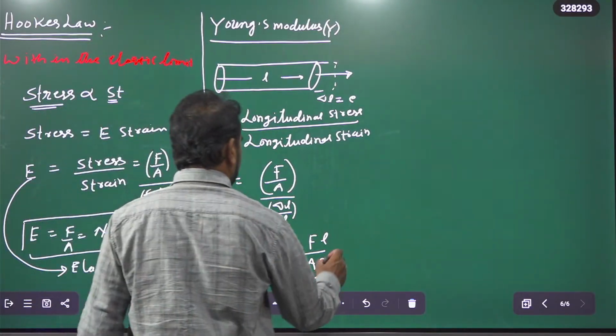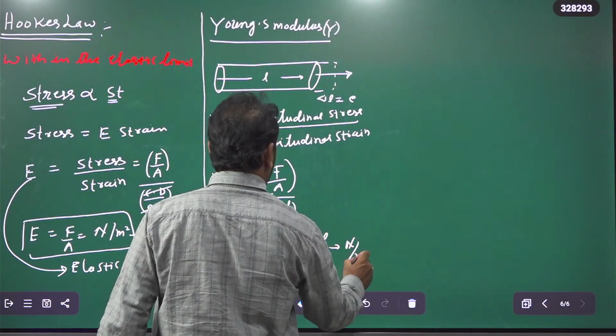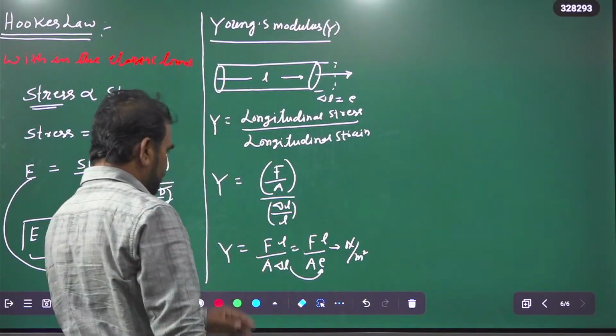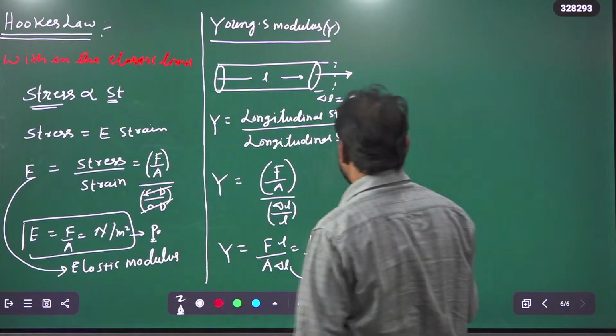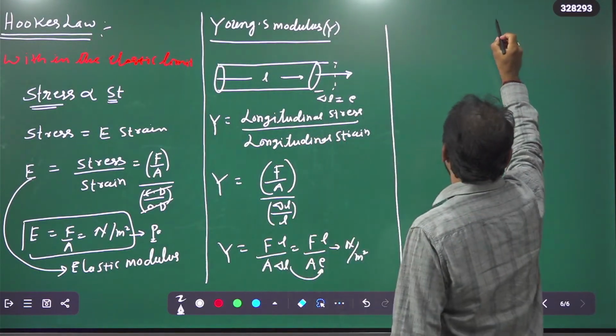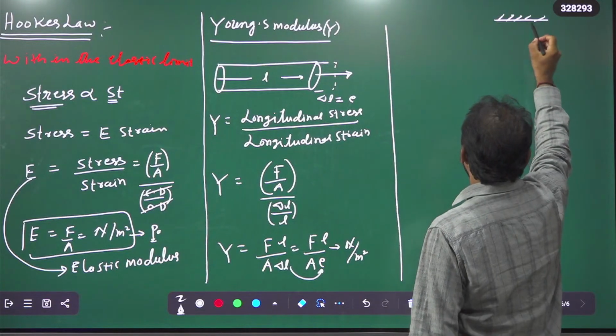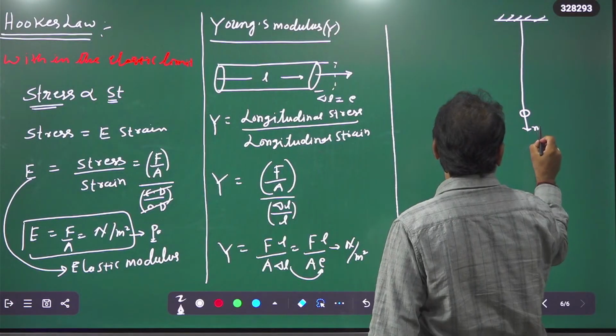So what are the units? Units are Newton per meter square. Suppose F is in the form of a weight. Then Y is equal to what? See, suppose consider a wire, and its weight mg acts downward.